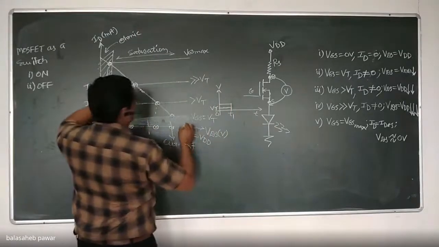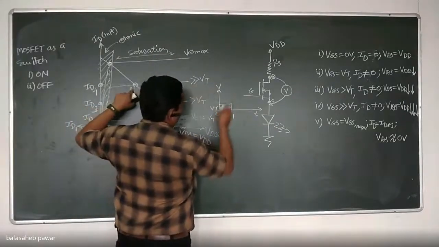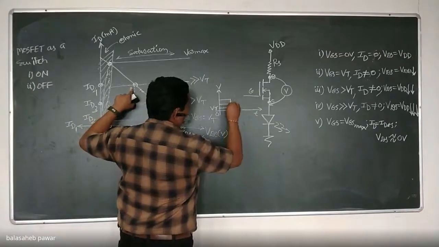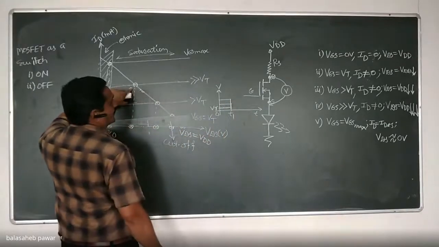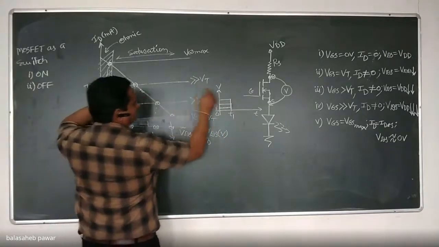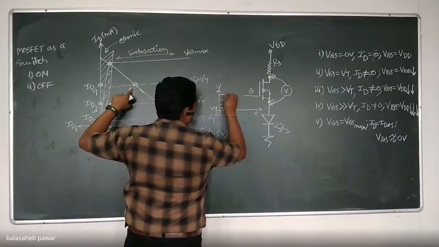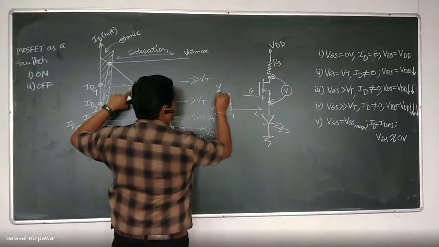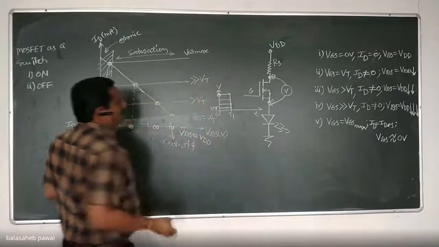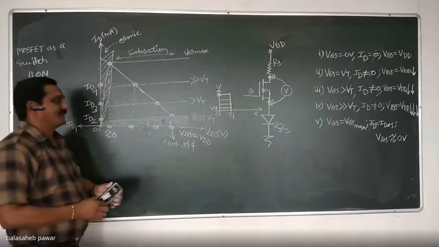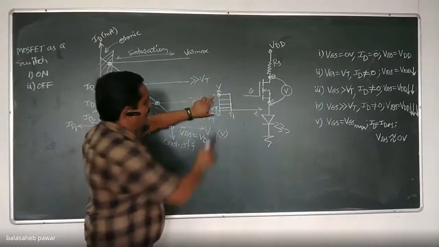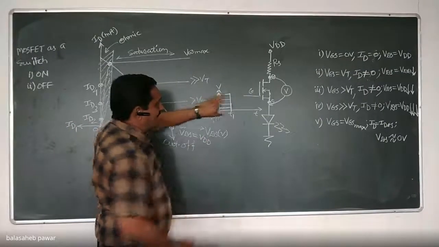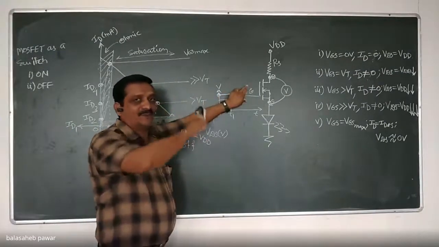Then I apply somewhat greater than Vt, like this much. Again, it will operate in saturation. Now, I apply the maximum amplitude of that pulse for the time period 0 to T1. Can we say this transistor will get forced into ohmic?